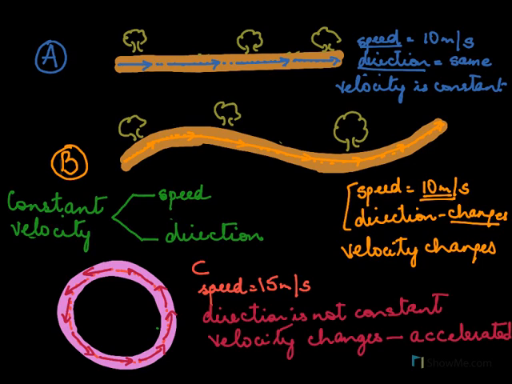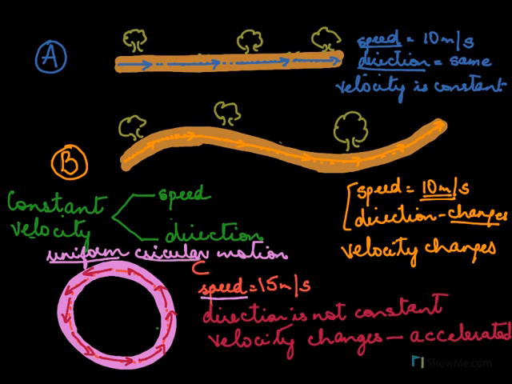Now this is the case of uniform circular motion. So what is uniform circular motion? Uniform circular motion is a motion when an object moves with a uniform speed, with the same speed. That's why it's uniform. And it's circular because it's in a circular path.